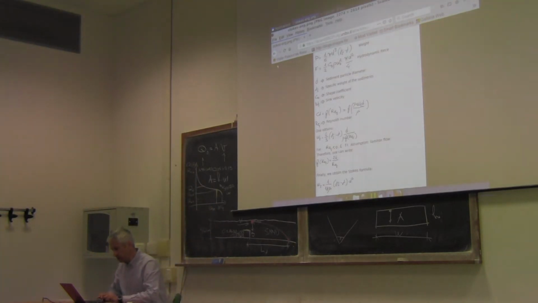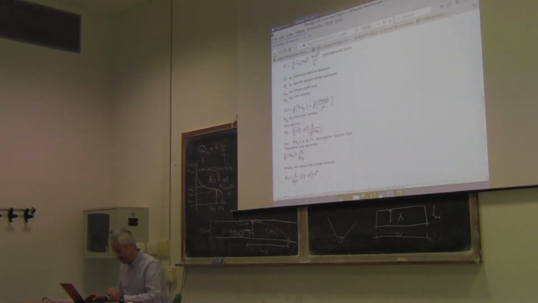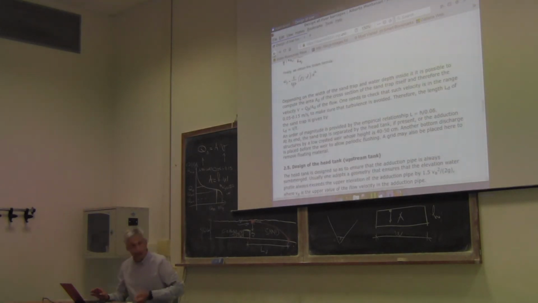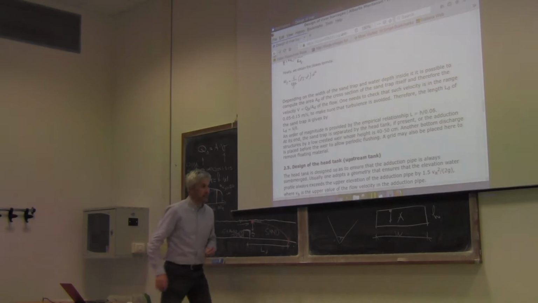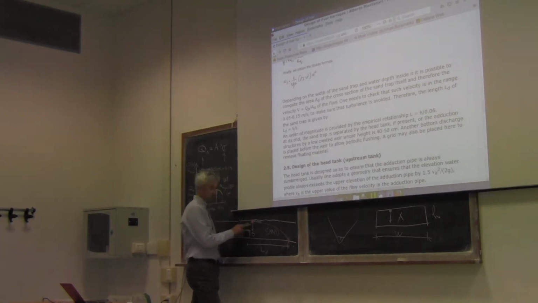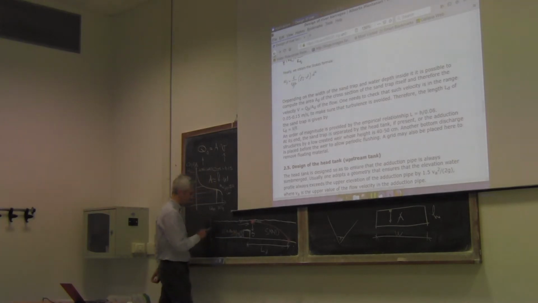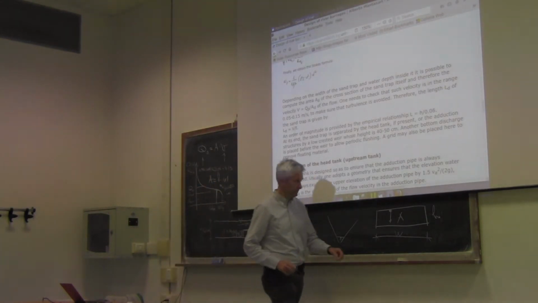Once that we know Ws, we can compute the time required by this red particle to travel the distance h, in this case 50 centimeters. It's quite easy, as we know.